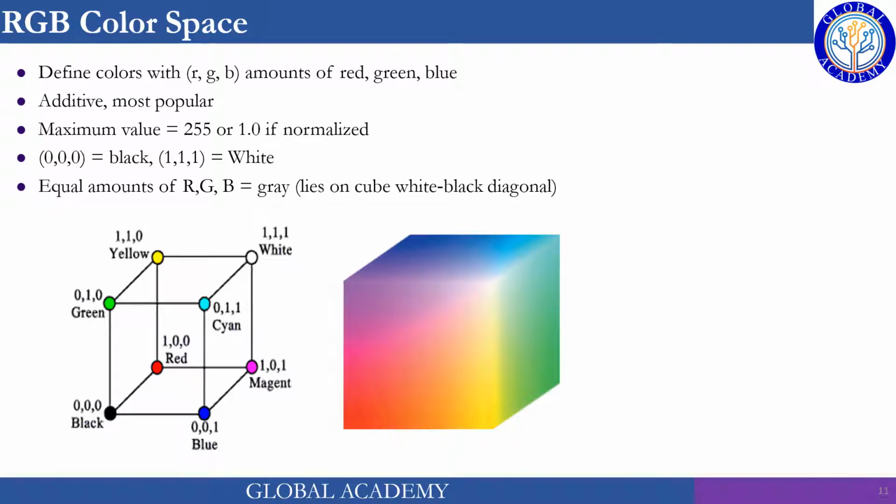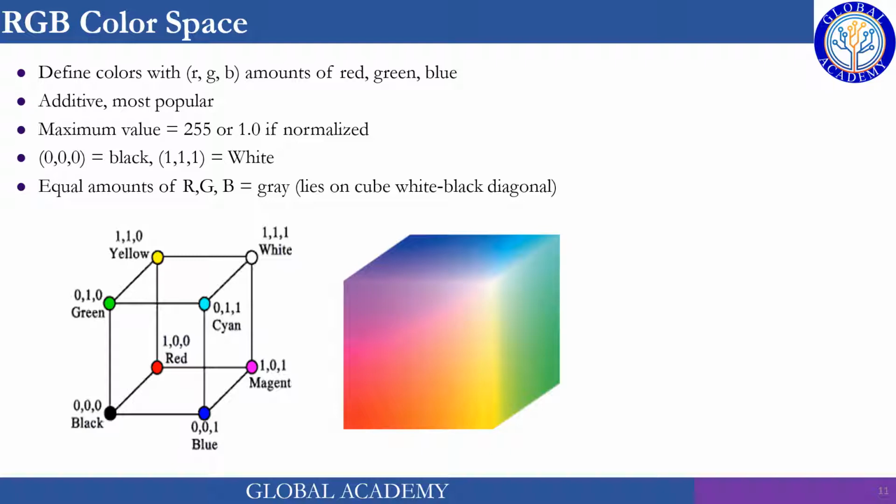Let's start with how we represent colors in digital systems, computers specifically. The most basic color space is red, green and blue, the RGB color space, and we define color as a vector of length 3: red, green and blue. They are additive most of the time, and a combination of the three can generate any color.